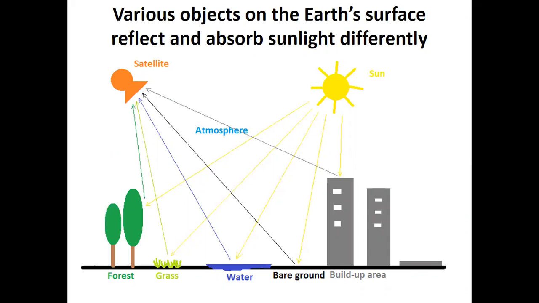And there, different objects on Earth absorb and reflect different parts of the spectrum differently. For water, some part of the sunlight is just absorbed, consumed by the water and converted to heat, basically. But a sufficient part is reflected back and, after going through the atmosphere, could be detected by satellites.